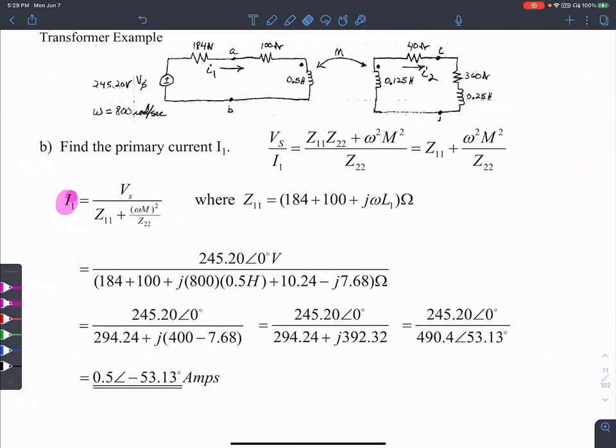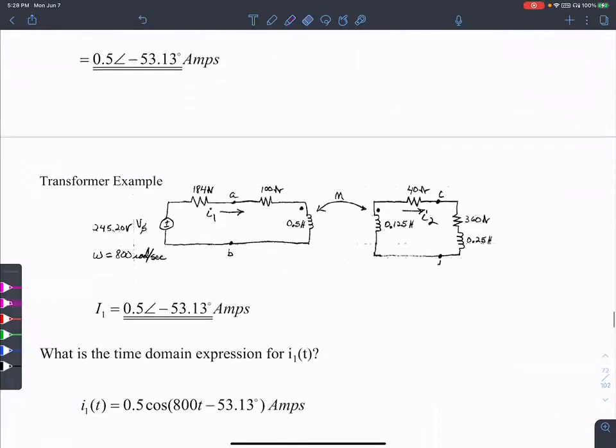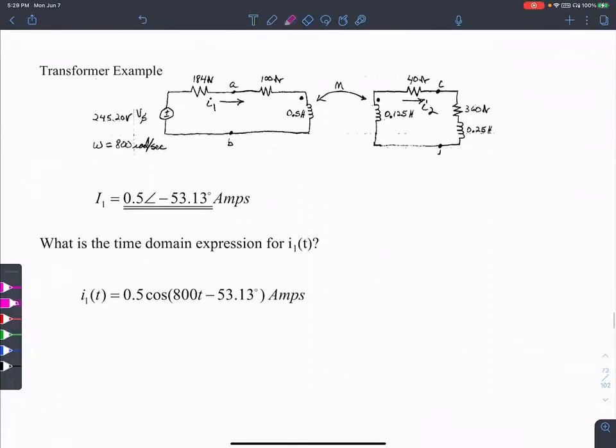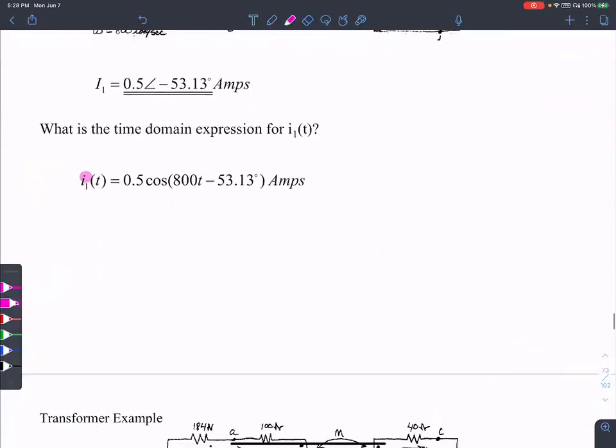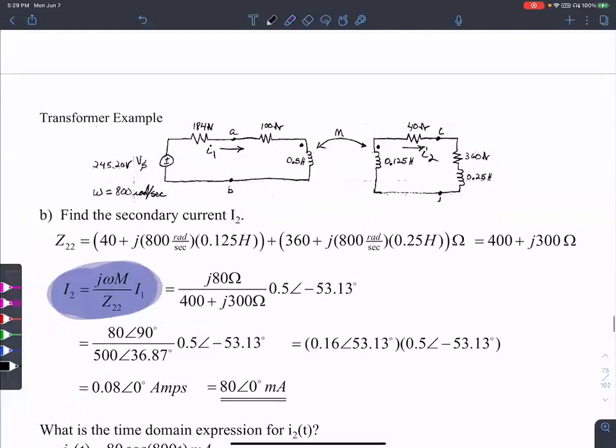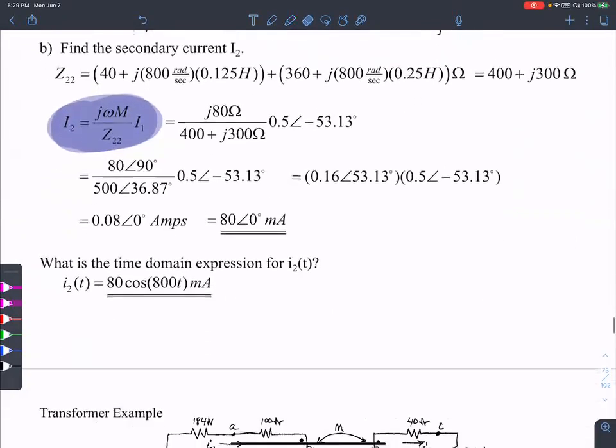We find an expression for I1, and we should be able to write it in its time domain form. Once we have I1, we should be able to calculate I2 in its time domain form.